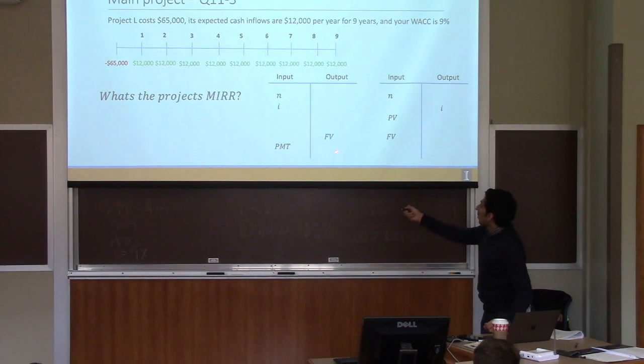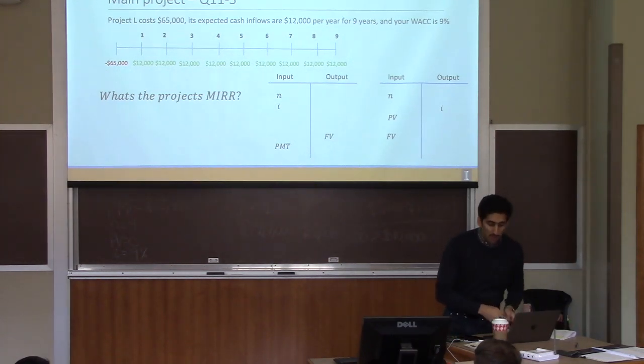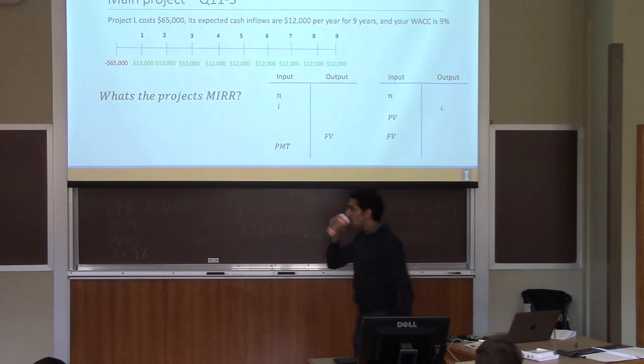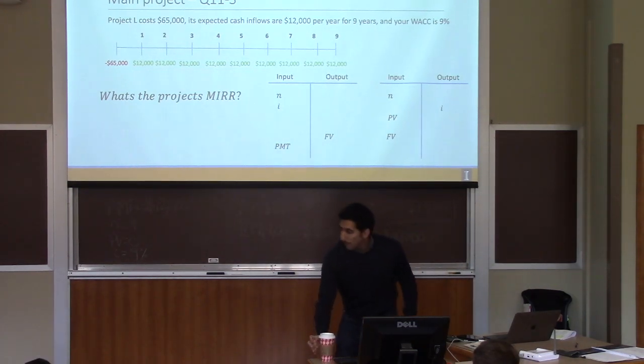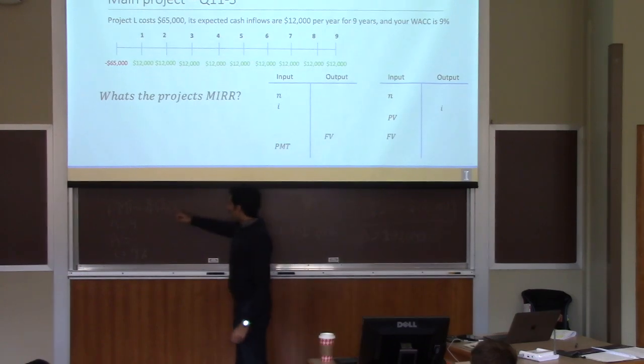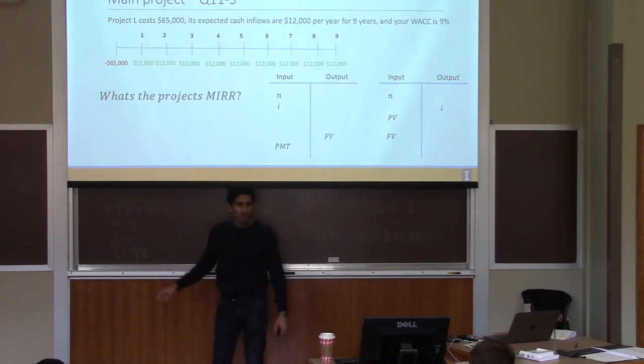What's the future value of these payments? Can somebody calculate that for me? I have $12,000 payments for 9 years. I assume that the present value is 0. I'm just looking at the payments, how much they're worth, at an interest rate of 9%.